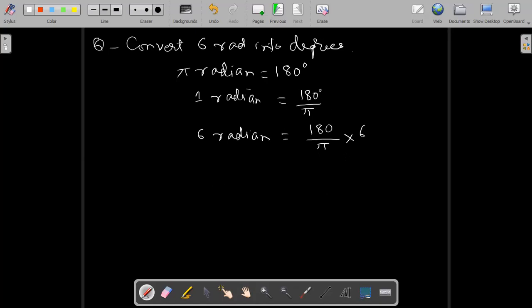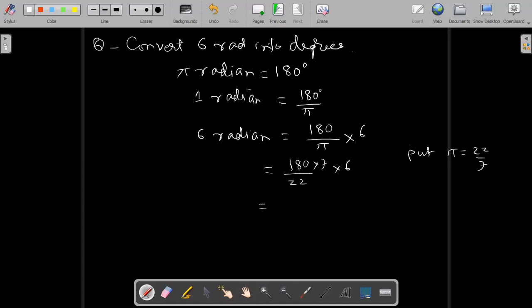If you put pi is equal to 180 degree here, you will not get the answer. So when we are calculating radian into degrees, we will again use the value of pi as 22 by 7. So here you will write 180 divided by 22 upon 7. So 7 will come up into 6.